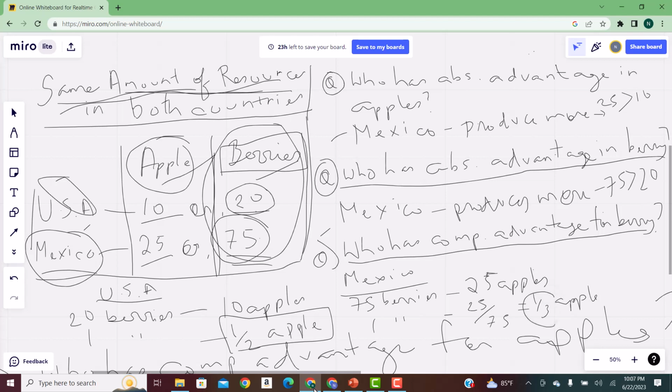So this is smaller. So Mexico has comparative advantage on berries. So basically from this example, we can tell Mexico will produce berries, because based on the comparative advantage model, Mexico has a lower opportunity cost, so they will produce berries.